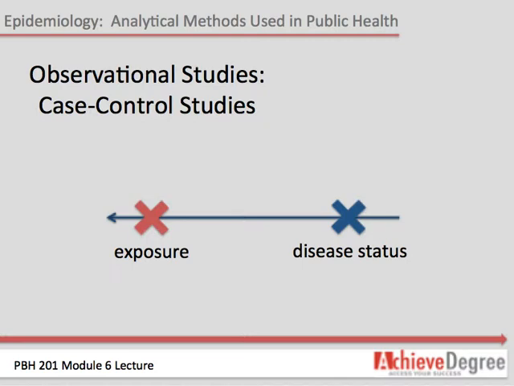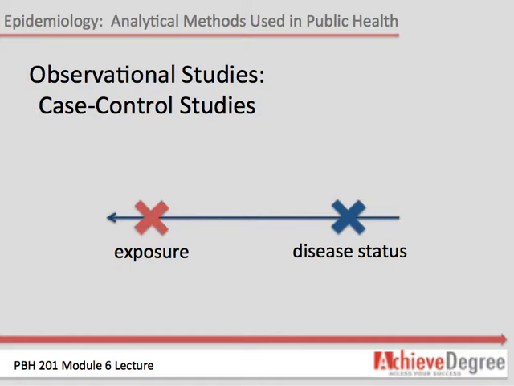Cases, or those with the disease under study, are often identified using disease registries for birth defects or cancer, for example, medical records, or vital statistics records such as birth or death certificates. Controls, or those without the disease under study, are selected from the same source population so that they're similar to the cases, except for having the disease. If cases are identified from the hospital or clinical records, controls may be patients from the same facility but without the disease under study.